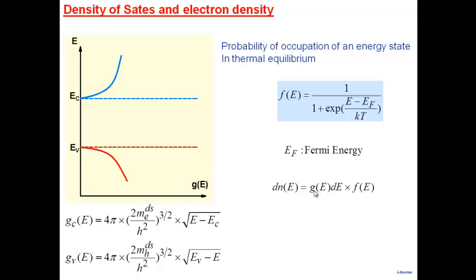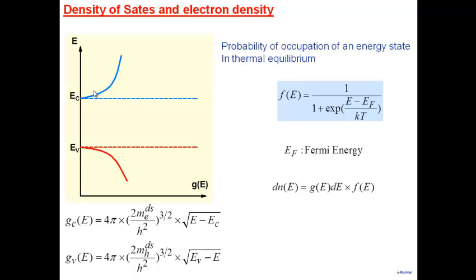What is the probability of occupation of those energy states? It's given by f(E). So what does this product give me? The total number of electrons that exist at energy E: the total number of states multiplied by the probability of occupation of that state.